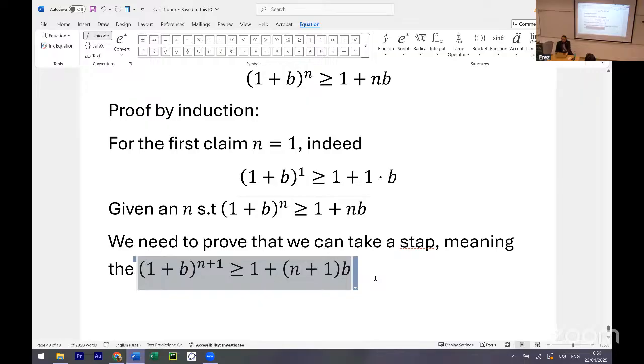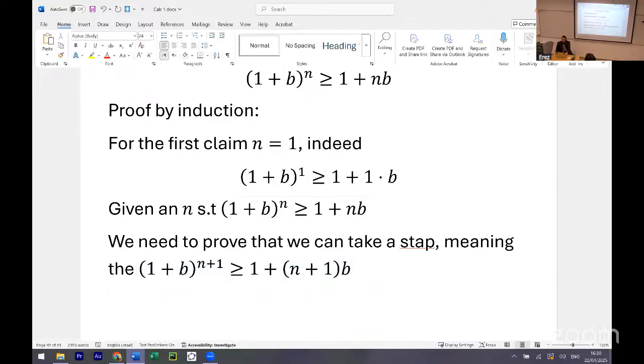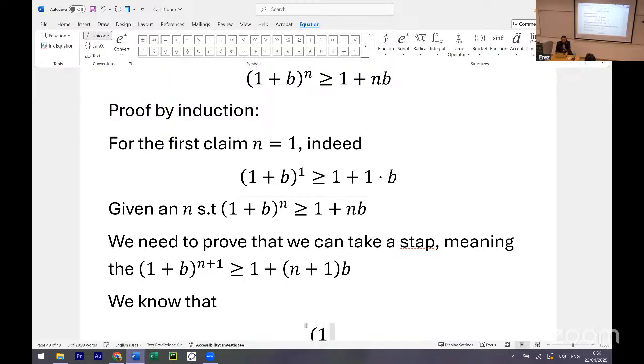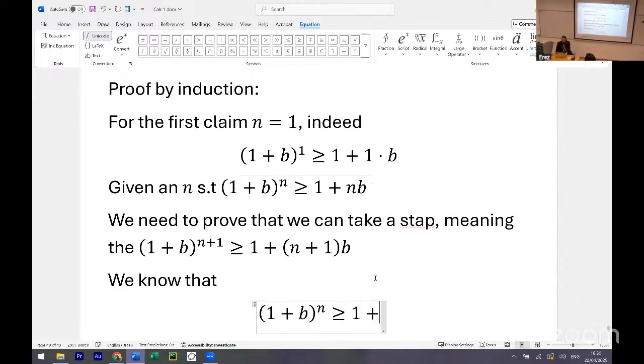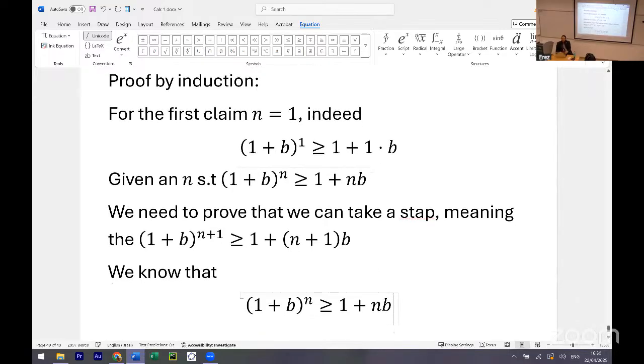So I'll write it. So we know that 1 plus b to the n is larger than or equal to 1 plus nb. And here again, students say, but isn't that what you need to prove? No, we needed to prove that it always works.